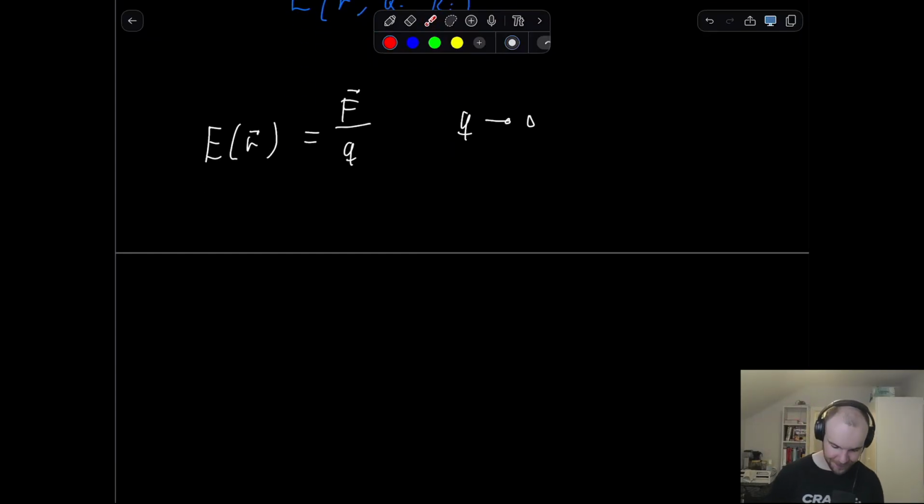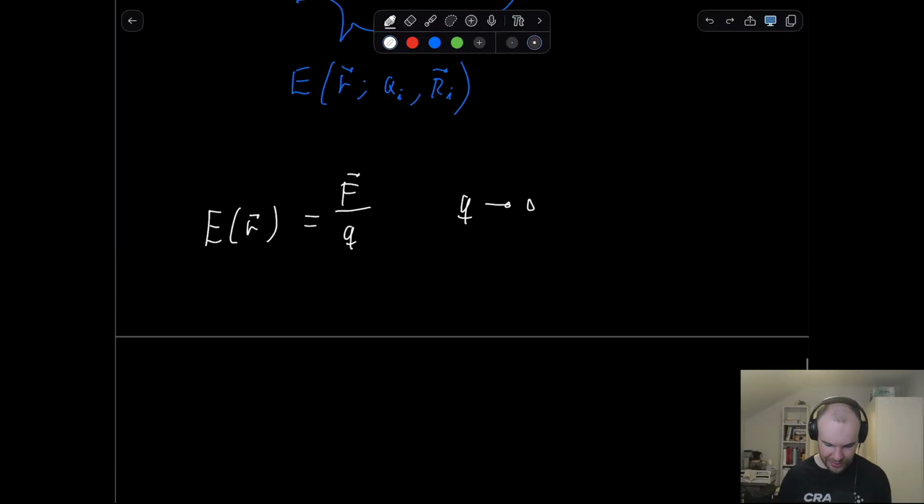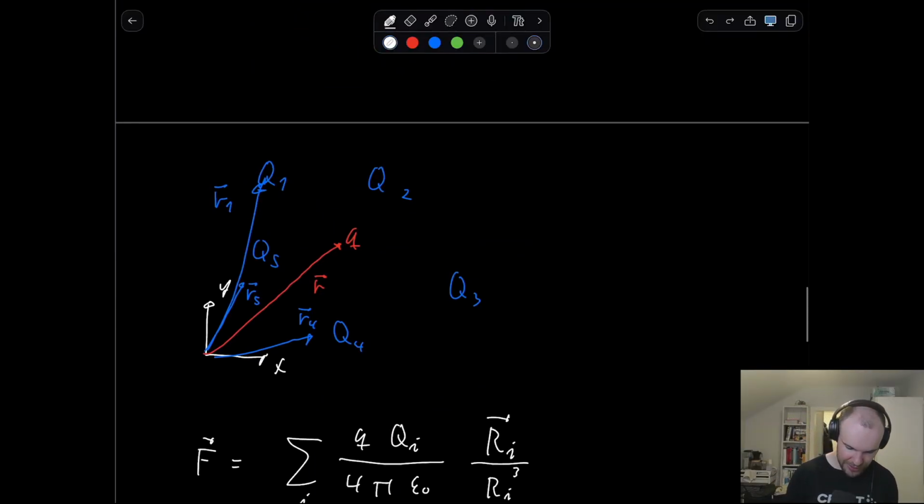Okay. And we also call this R vector here the observational vector, I think. So, observation point is actually what we call it. Yes, because like I stated earlier, we imagine that all of these Q1, Q2, etc. are static, and we are placing a test charge that doesn't affect the distribution here, right? We can just place it anywhere.